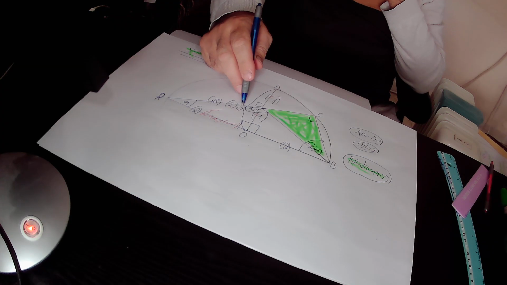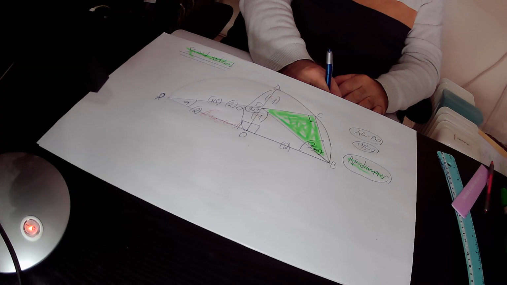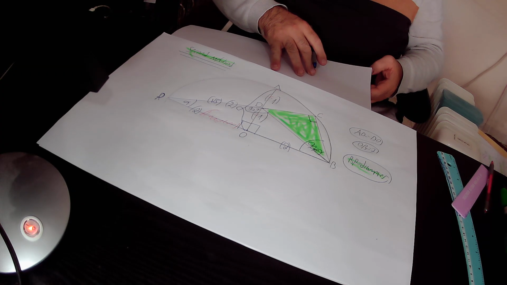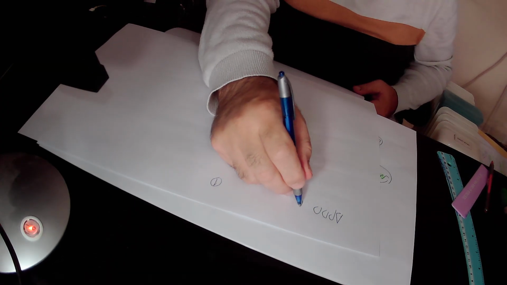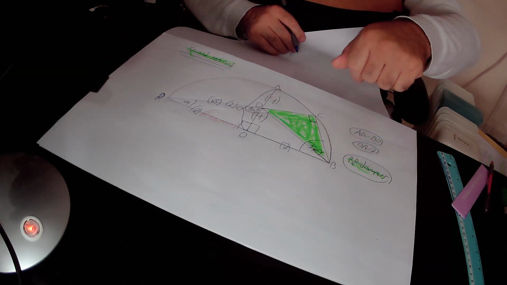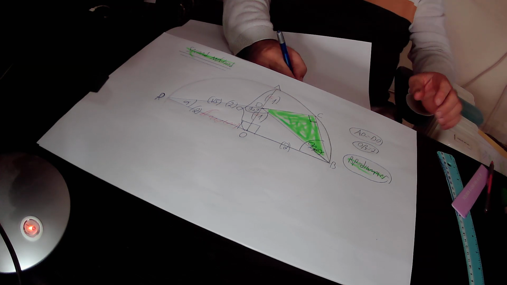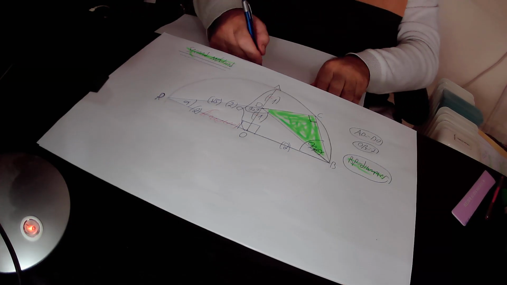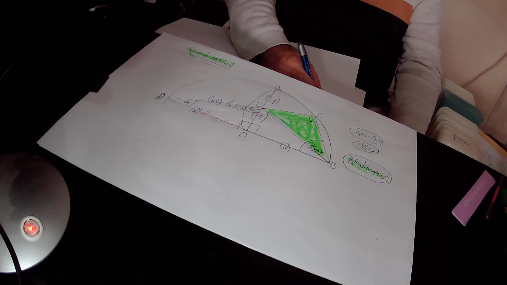This is the small right triangle PDO, and it is similar, this is the sign of similar, to this big right triangle PCB, according to the angle similarity rule.